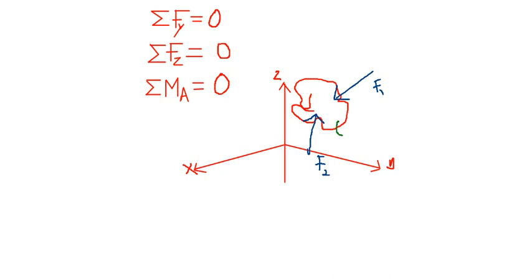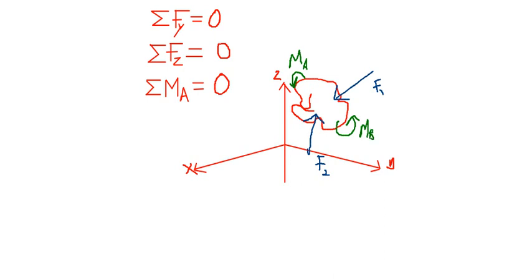Here's our couple moment, and here's another couple moment. We call this one MA, and this other one MB.